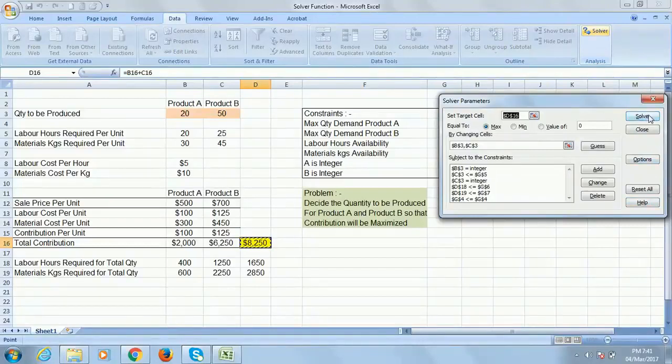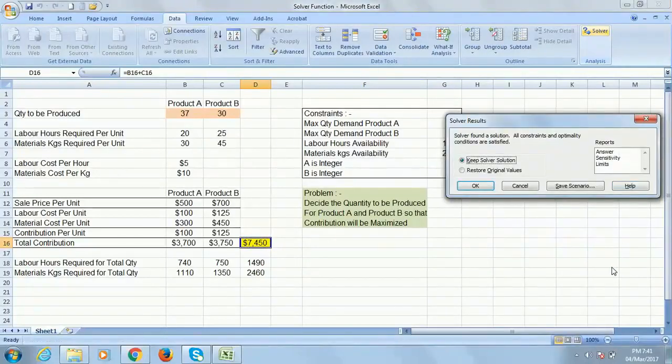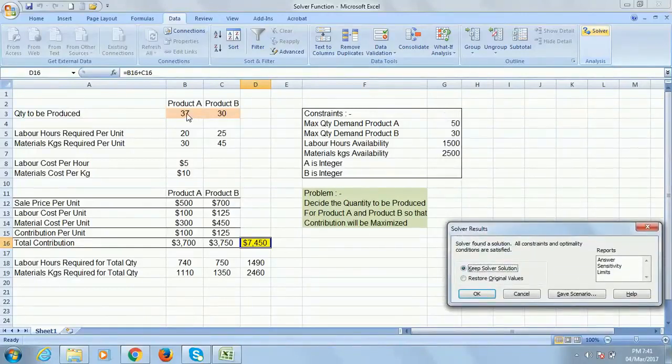Now I'll simply click on the solve button. See friends, now the Solver has given a contribution of 7450, which is the maximum contribution we can have with the available constraints. Labor hours required are less than labor hours available.